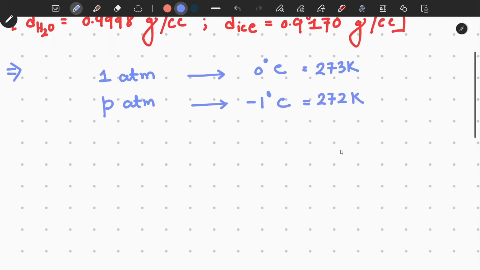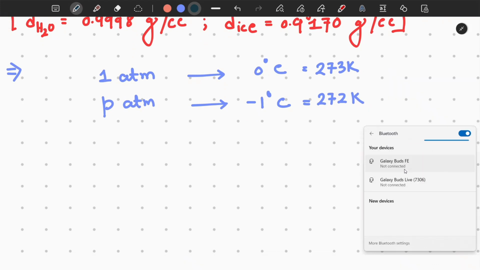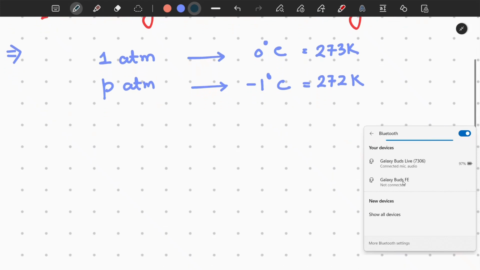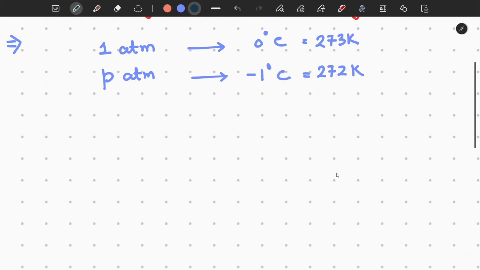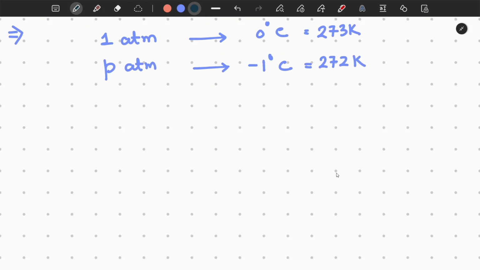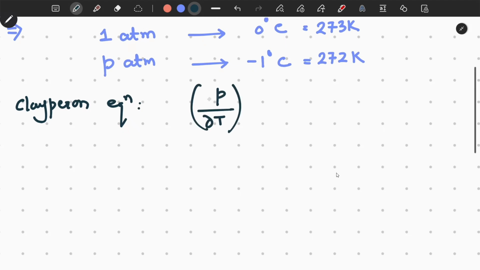So for solving this, we will obviously use the Clapeyron equation. dP by dT equals delta H by T delta V. Del P by del T, or dP by dT, whatever you want to write, only one derivative.